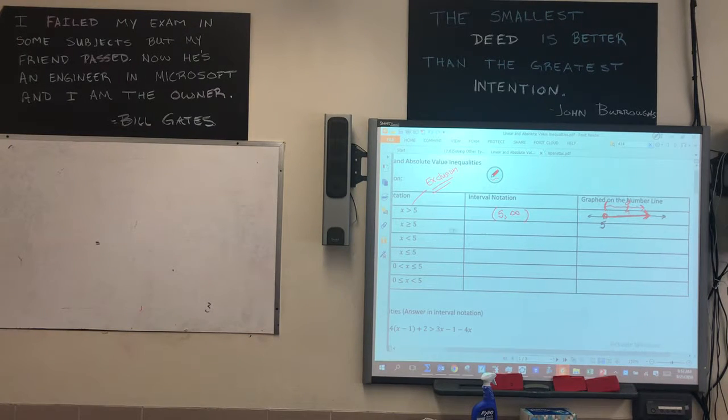When I get down to this one here, x is greater than or equal to 5, again, I'm going to have my number line. 5's there. Greater than 5 would be to the right, correct? It's terrible, but it's all those numbers to the right of 5, right? What is the one thing that we do differently here than what we did in the last one?